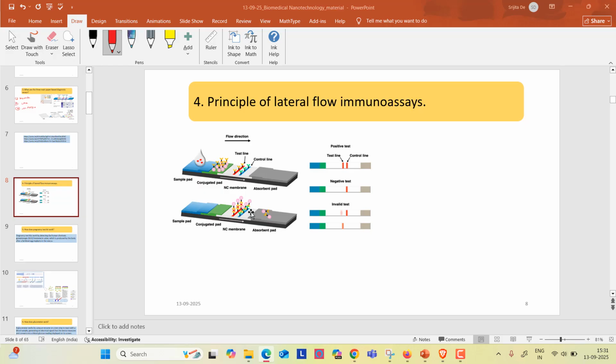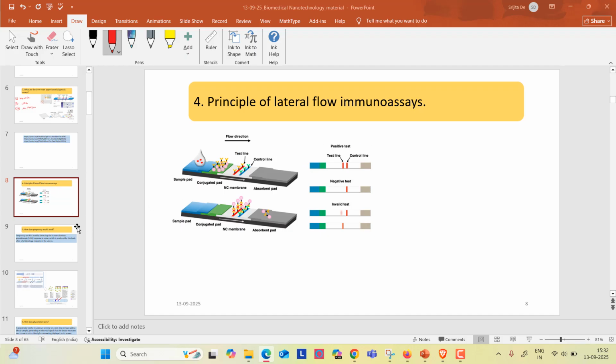Again it passes through the control line, where there is also a monoclonal antibody and it shows some kind of color change, and now in the absorbent pad, the extra flow is thrown away. Okay, so this is your lateral flow immunoassay.